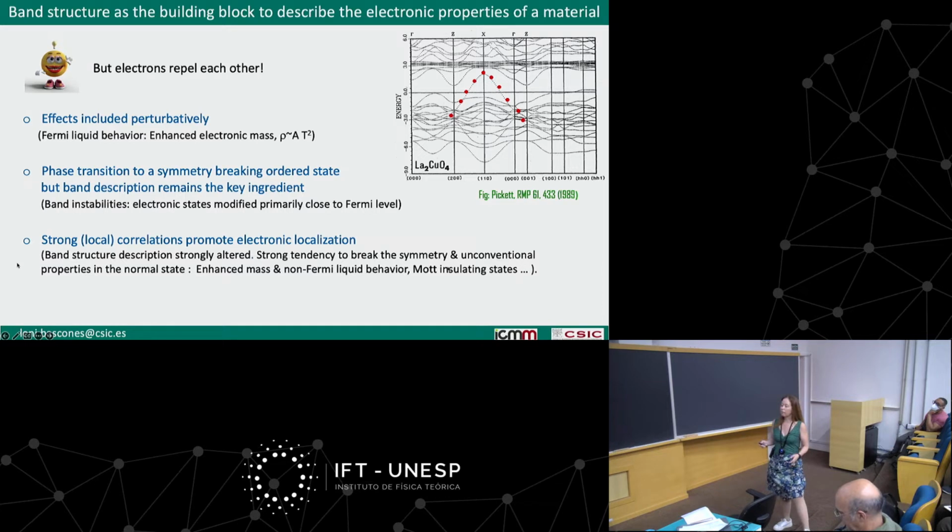These are situations in which the whole band picture can be very strongly altered, giving not only a phase transition but even strong modifications that, in the absence of symmetry breaking, alter the dependence of the resistivity, or even localize electron systems that were expected to be metallic and make them insulating just due to the localization.